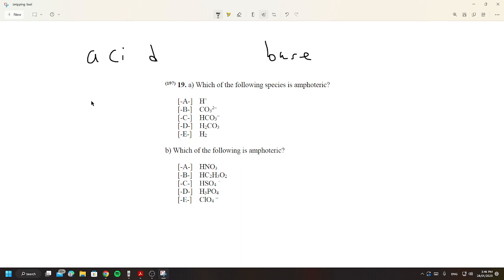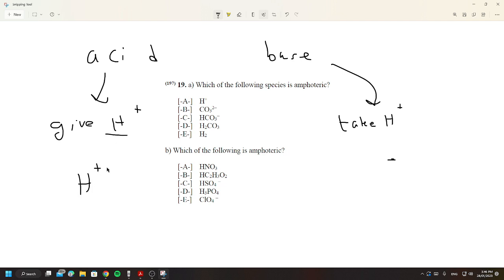So acids, we know that they give protons, they're proton donors, so they give H plus, and bases, they're proton acceptors, so they take H plus. So to take H plus, it has to have a negative charge, and to give H plus, it obviously has to have H plus, right?